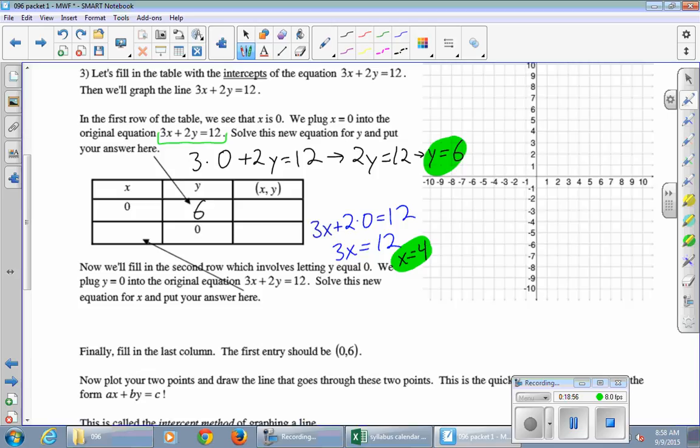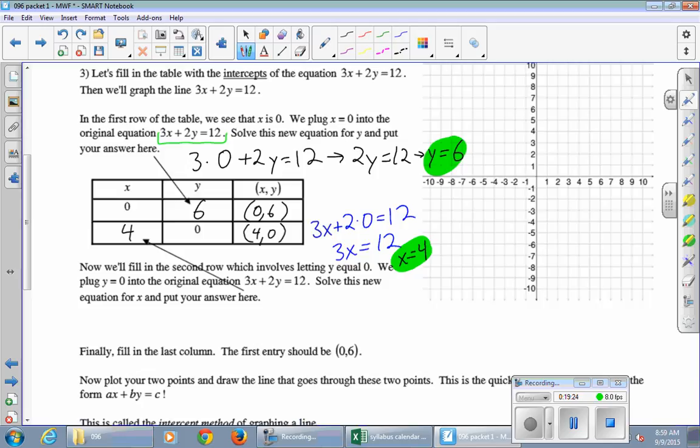When x is 0, y is 6, and that leads to what ordered pair? 0, 6. Great. And the only reason x equals 4 came around was because we let y equal 0. And so that means x is 4 and y is 0, and the ordered pair is 4, 0. And those are the 2 points that we're going to plot, not the point 4 comma 6. The 4 and the 6 have nothing to do with each other.